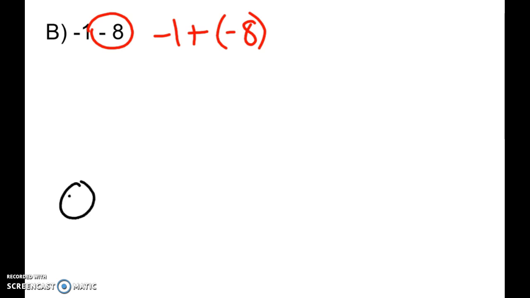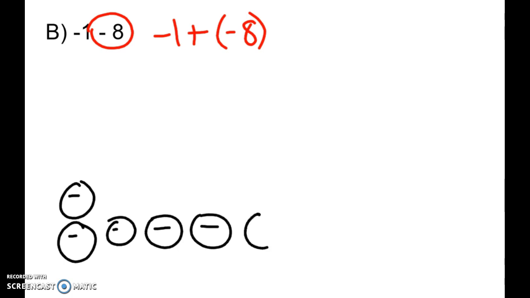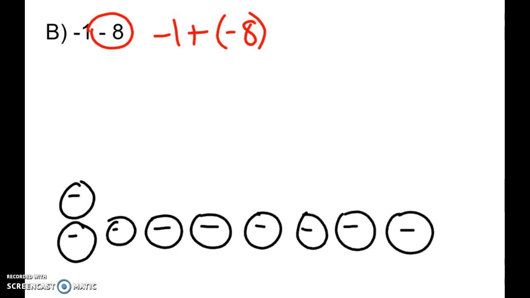So I've got one negative, and then I've got 1, 2, 3, 4, 5, 6, 7, 8 negatives. Do I have anything that can cancel? No. My team is just getting bigger. I had 1 and I added 8 people to my team, so now I have 9 people on my negative team.